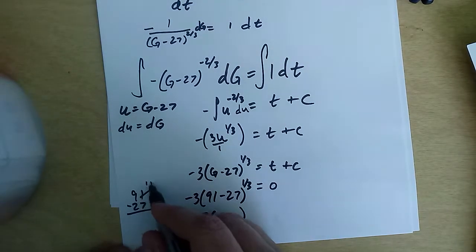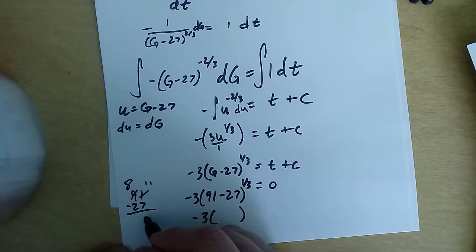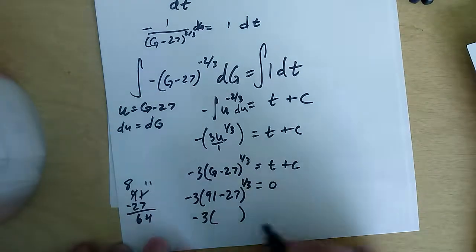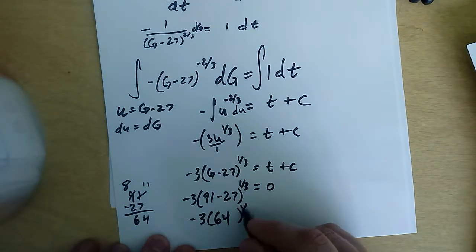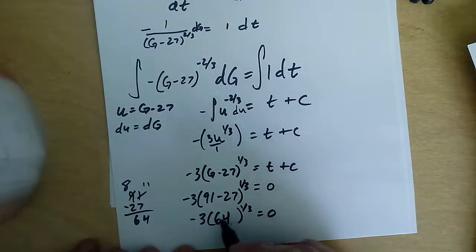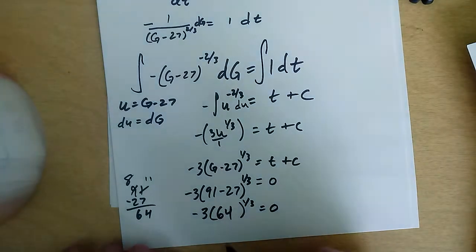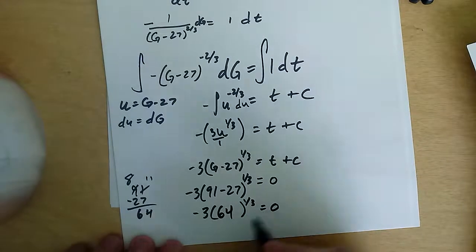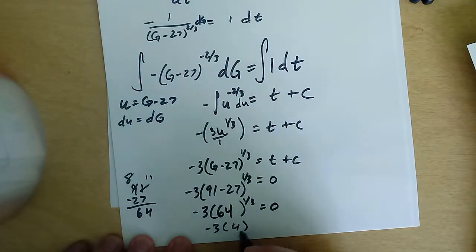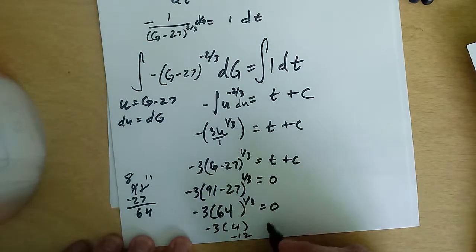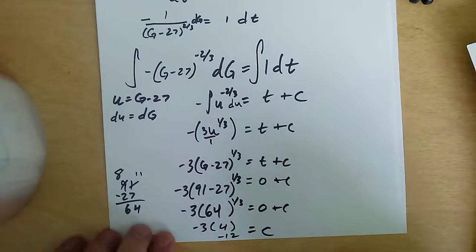So that's 11, that's 8, that's 4, that's 6. 64 to the 1/3. The 1/3 power of 64, what cubed gets us 64, that's 4. So that's negative 3 times 4, which is negative 12. So c is equal to negative 12.